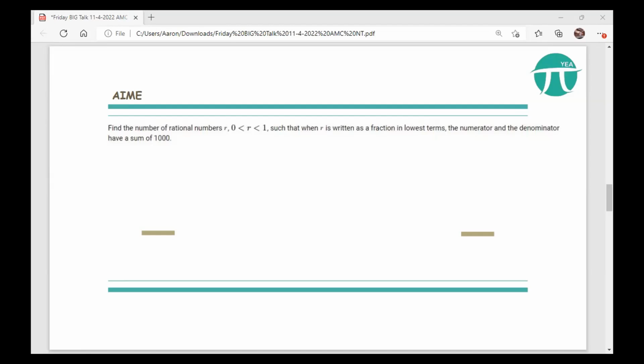Okay, so I'll start explaining this problem now. We'll find the total number of rational numbers from 0 to 1, such that when r is written as a fraction in lowest terms, the numerator and denominator add up to 1000.